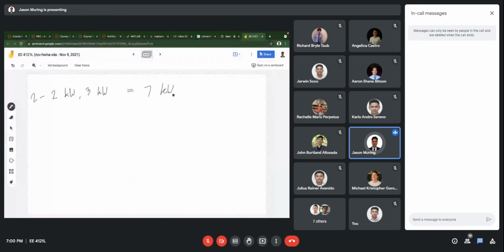Okay, so 80% times 7, so that would be your demand for these loads. So 7 times 0.8, I have here 5.6. Okay, so this is my demand for these three ranges.